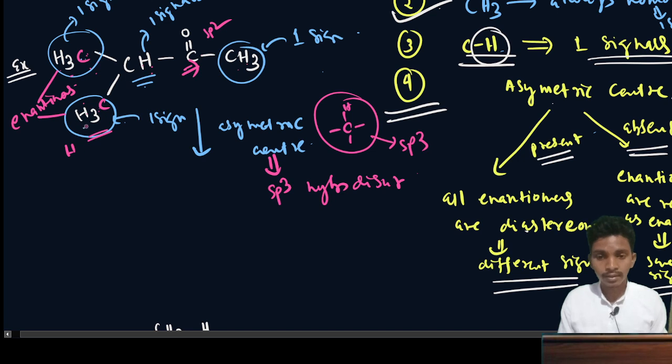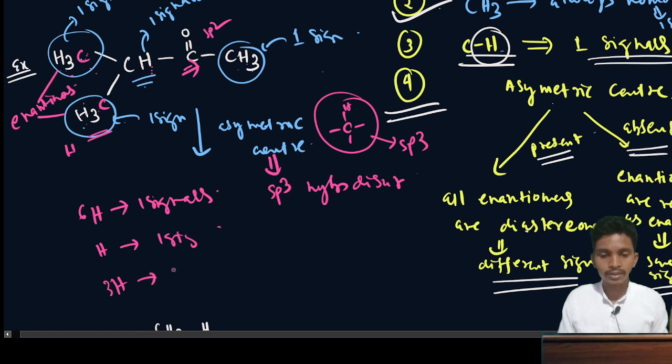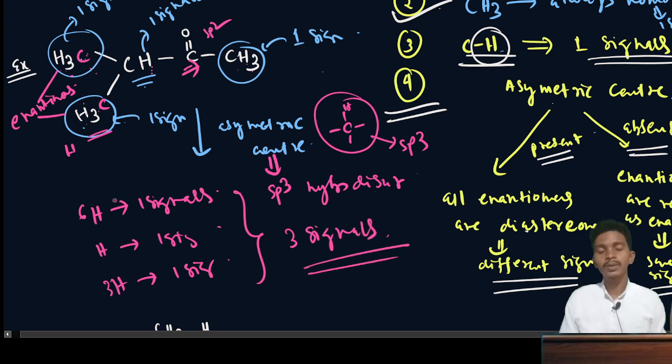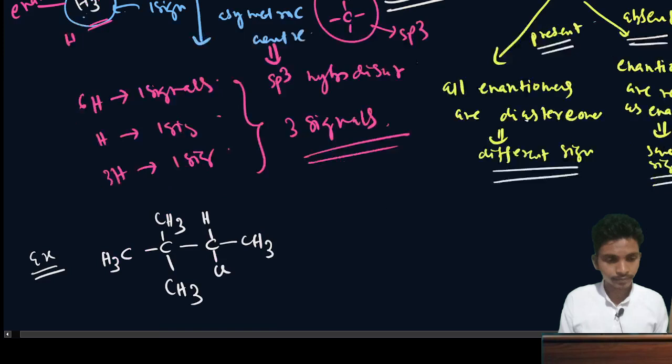So this 3H and this 3H, total 6H, will give one signal. These hydrogens will give one signal, and this is homotopic, so these 3H will give one signal. So totally you will get 3 signals.